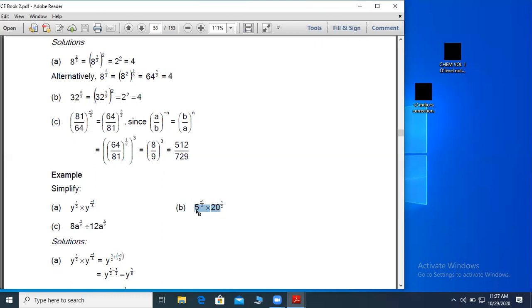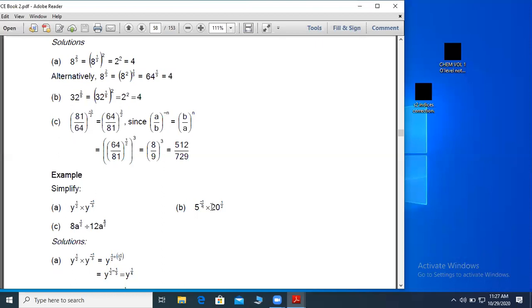We are going to say 5 to power negative a half times, now we open bracket here. Said we are doing it from a side as our side work there. 5 to power negative a half, then times 20. Now 20 is 5 times 4.